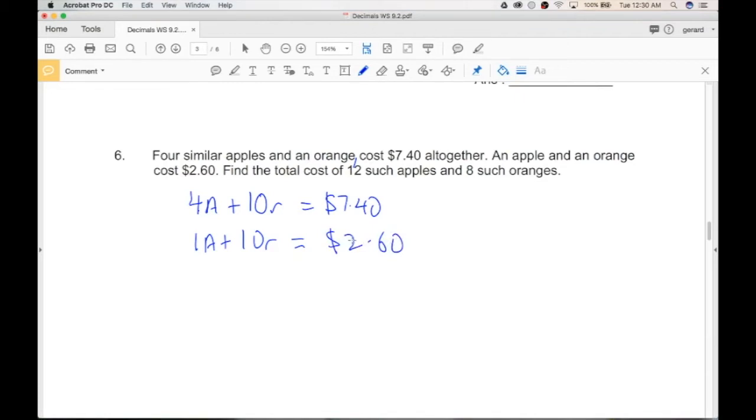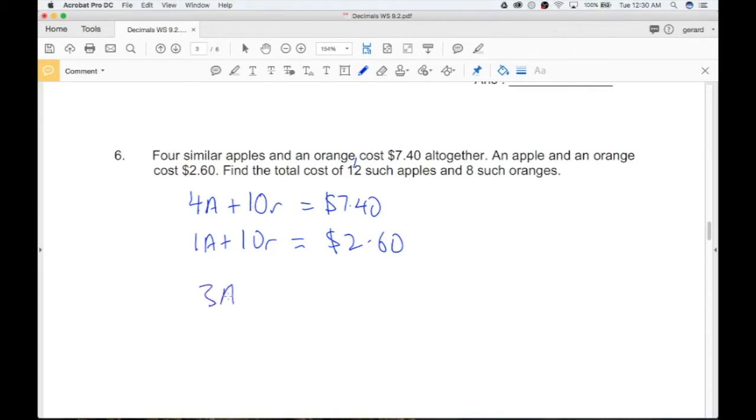Now we see here, if we were to draw a model, 4 apples plus 1 orange, and 1 apple plus 1 orange. What's the difference between these two? Orange matches orange, 4 apples matches with 1 apple. So the difference is nothing to do with oranges, it's just 3 apples.